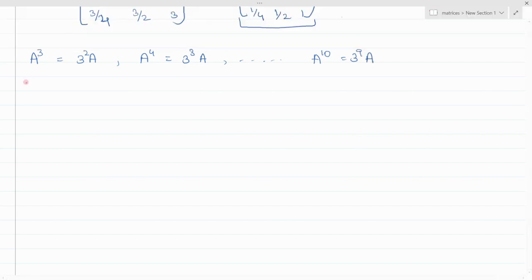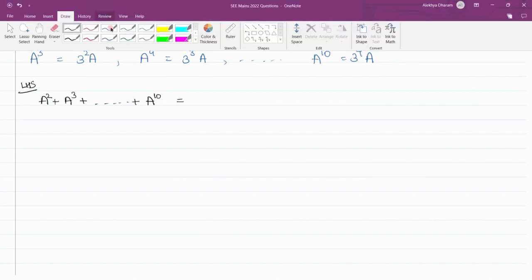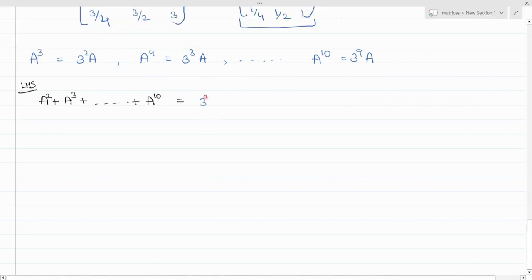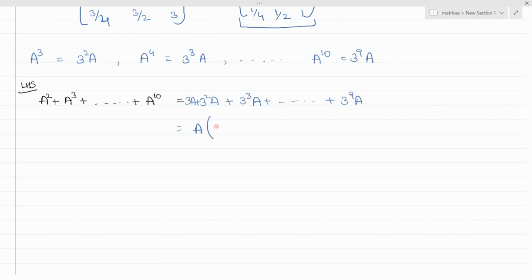Now from the LHS, it is A square plus A cube and so on, plus A power 10. Now we can write it as 3 into A, plus 3 square into A, and so on, 3 power 9 into A. Take A common from this and the remaining is 3 plus 3 square, and so on till 3 power 9.